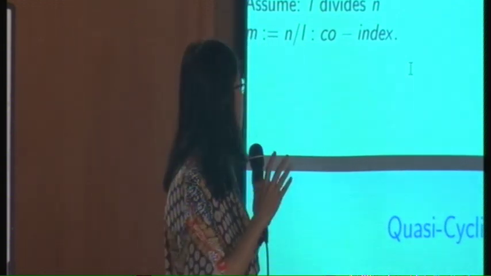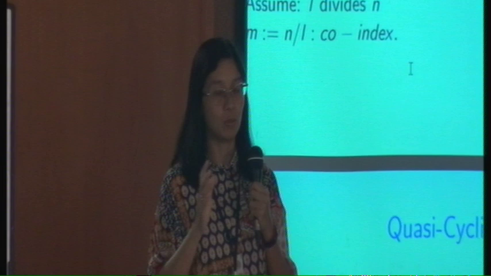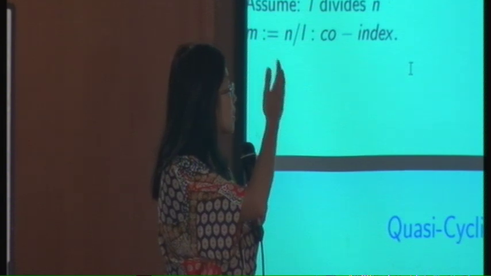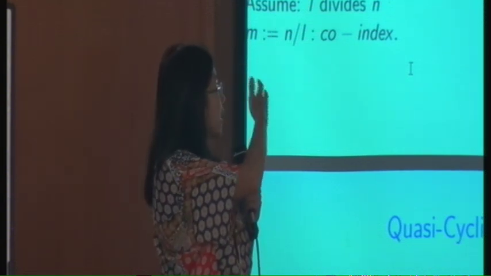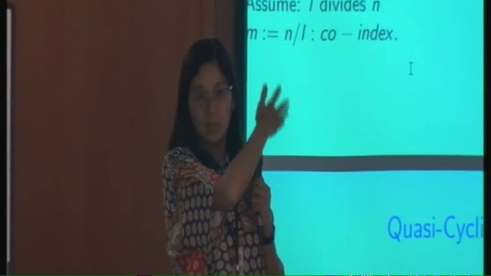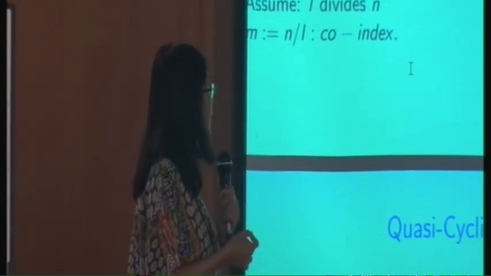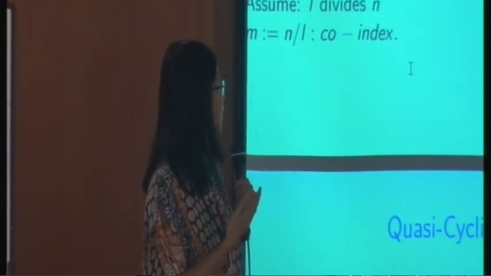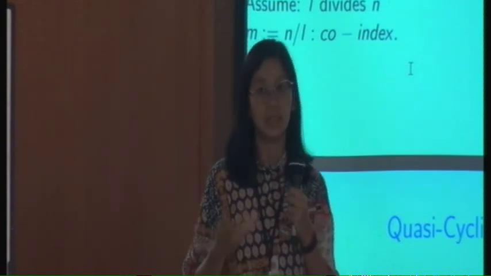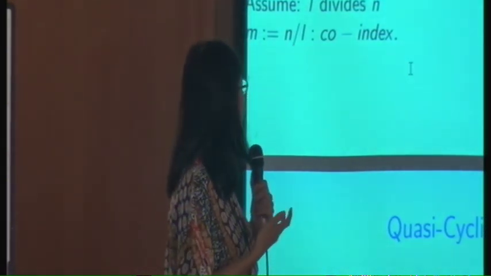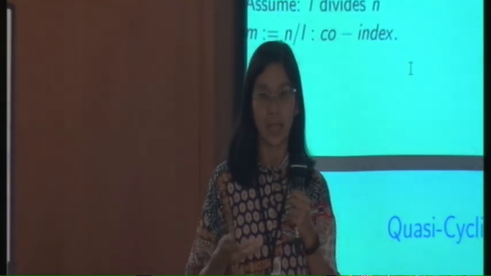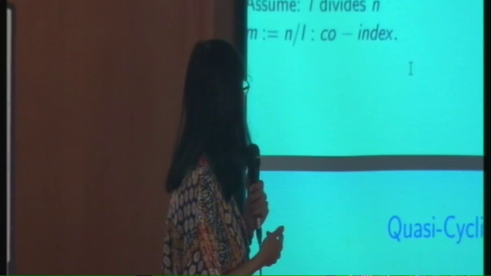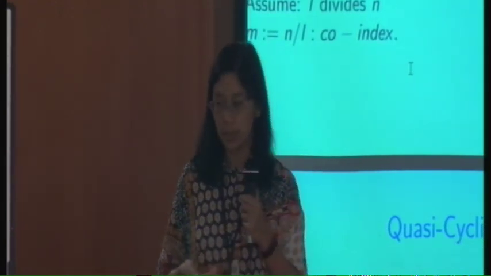Like for cyclic, you just shift a_(n-1) to the front, and then if you want T squared, it means you get a_(n-2) in the front, and so on. And if T^l C is still in C, we call it quasi-cyclic of index l, or l-quasi-cyclic. And n over l is called the co-index.